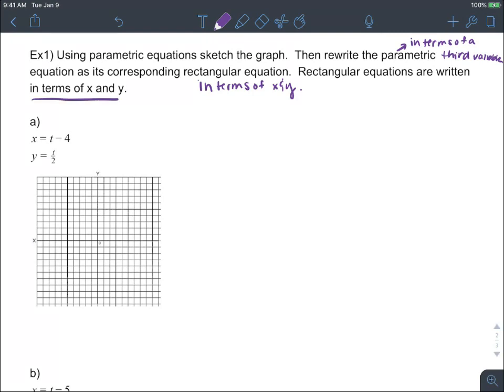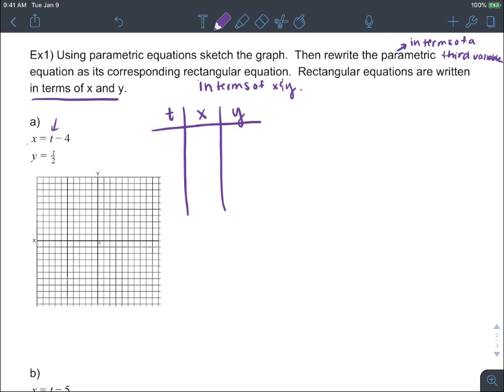Okay, so let's go ahead and, what is our third variable for a? Well, it's time. Okay, so we're going to graph this, and the way I graph this, I have to have actually 3 columns. So time, how we're moving in the x direction, and how we're moving in the y direction.